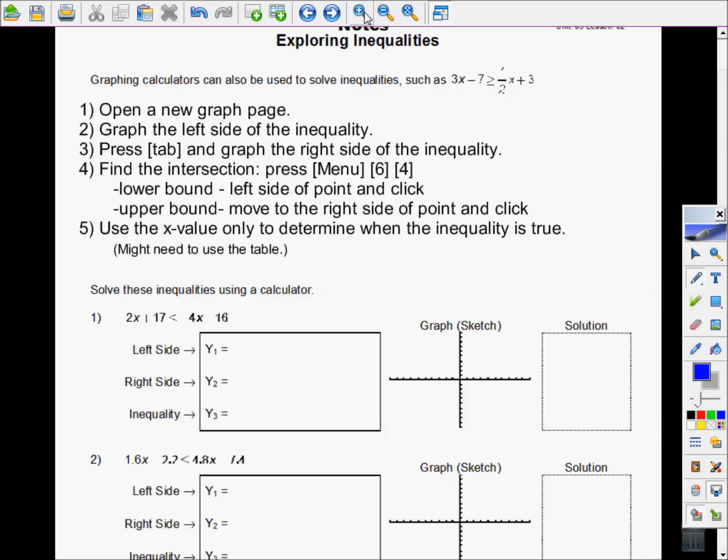Wait. I'm confused after number 4. Okay. Is everyone done writing? No. So, I need a little bit.